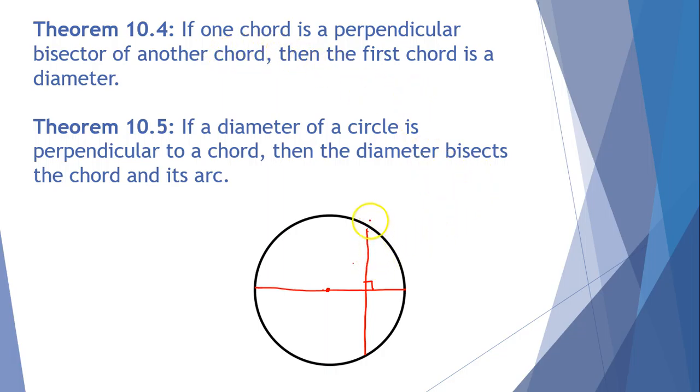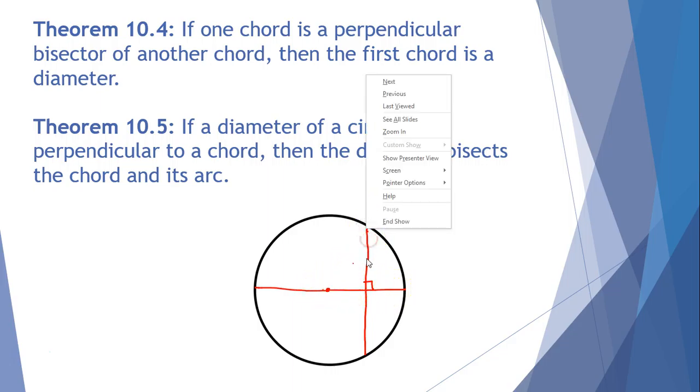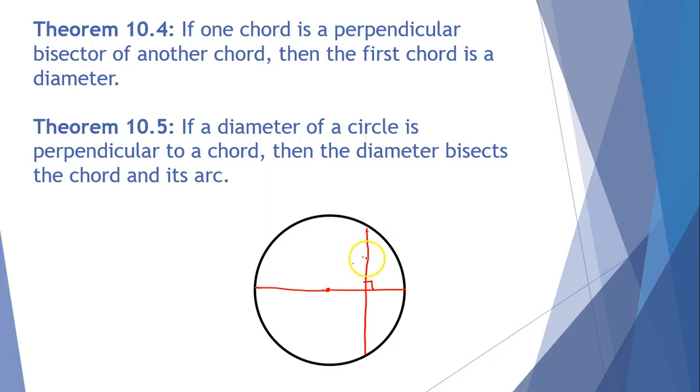So if I didn't know that this was the diameter, but I knew that these chords intersected each other at a right angle, so they're perpendicular to each other, and I also knew this fact right here, that these two segments were congruent to each other, meaning that this is a perpendicular bisector, then I should know that for this theorem, this first chord here is the diameter. Okay, so that's what that one's telling us.